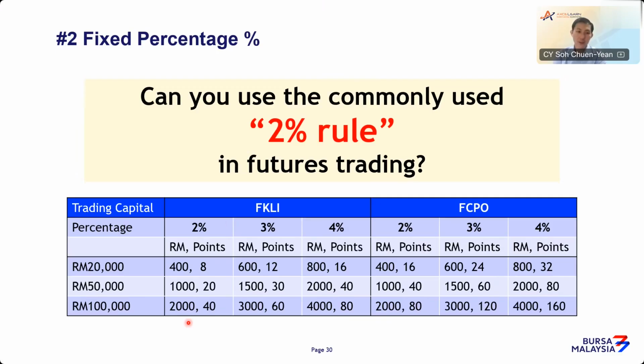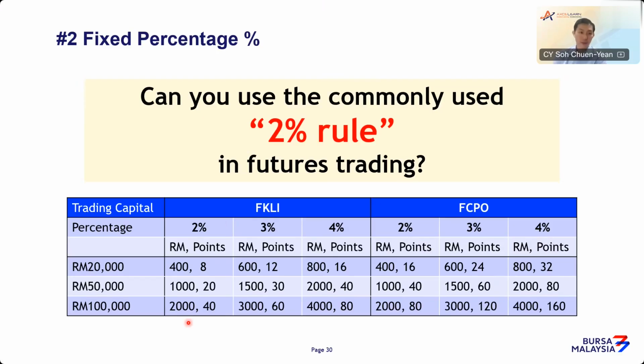Because you are trading futures, the minimum amount is one contract. You are not able to trade 0.5 contract or 0.1 contract. The minimum amount is actually one contract. So if you do all of these reverse calculations to see how much in dollars and points you're willing to lose, then you will be able to see that this 1% rule or 2% rule might not be applicable anymore.